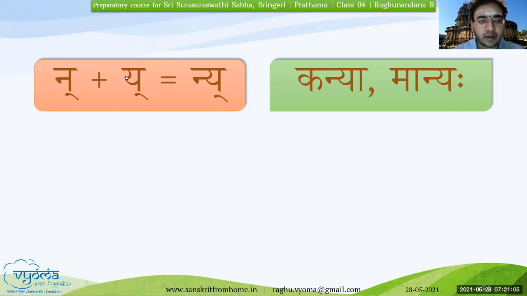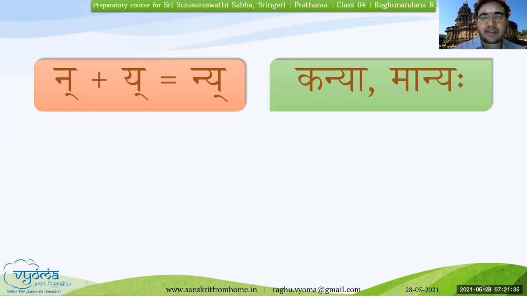It is not just N or just Y, but a combination is made while writing. We take one half of the first letter and then combine with the second letter, and we create one more symbol, and that is what is used to write Kanya, Manyah.